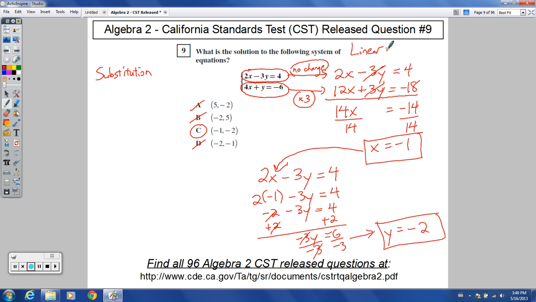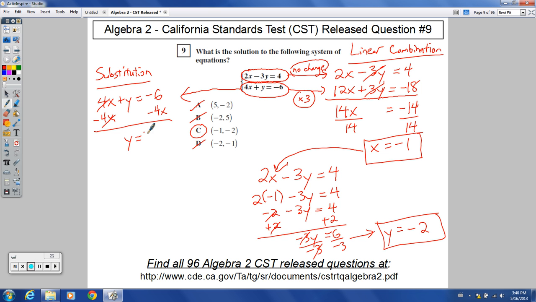This was linear combination, at least that's what I call it, because we're combining these linear equations together. But for the substitution method, I'm going to take this one first. So 4x plus y equals negative 6. I noticed I already have y almost by itself. So if I subtract 4x, that will cancel. I'll have y equals negative 4x minus 6.